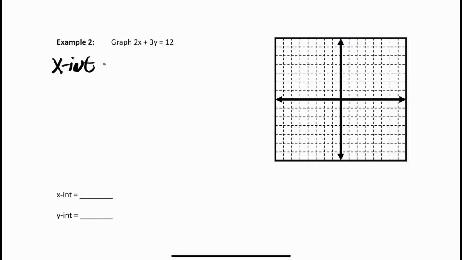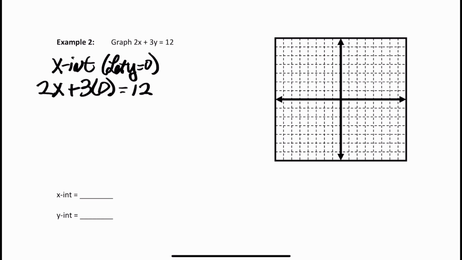We're looking for an x, so we let y equal 0. So we have 2 times x, because we're keeping the x, plus 3 times 0 for y equals 12. 3 times 0 is 0, so we have 2x plus 0, or just 2x equals 12. Again, we can find our x value by dividing by 2, and we get x equals 6. We found an x when y is 0.